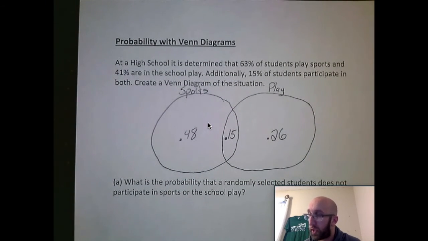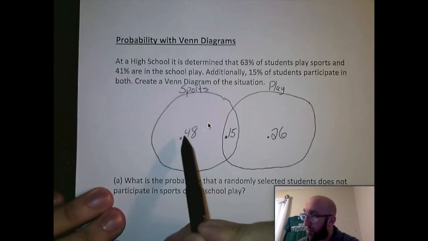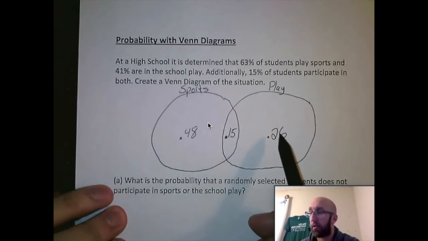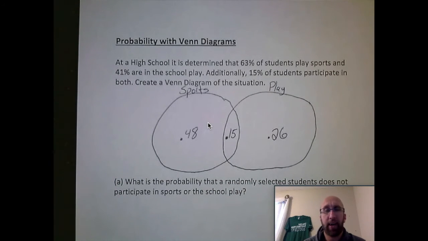Now, one of the rules of probability that we know is that all possible scenarios need to add up to 1. If you take this 0.48 plus this 0.15 plus this 0.26, you get 0.89, which does not add up to 1. What we are missing is another probability, but where could it possibly be?